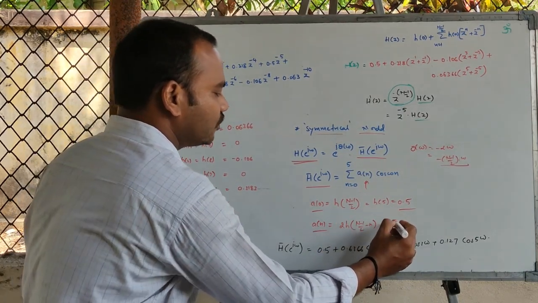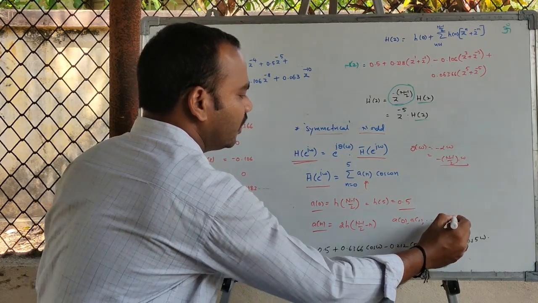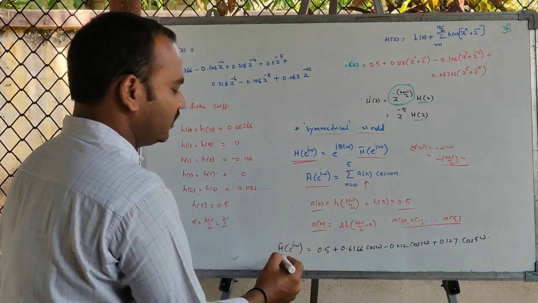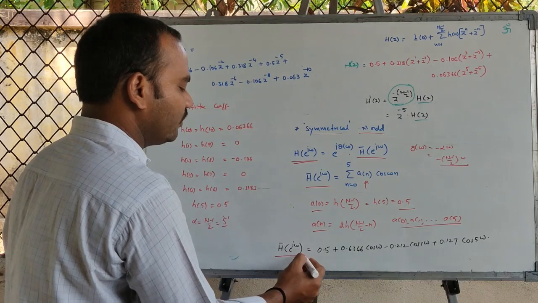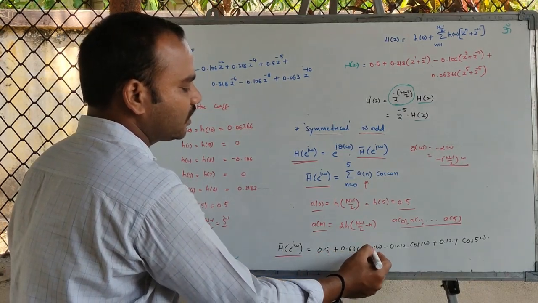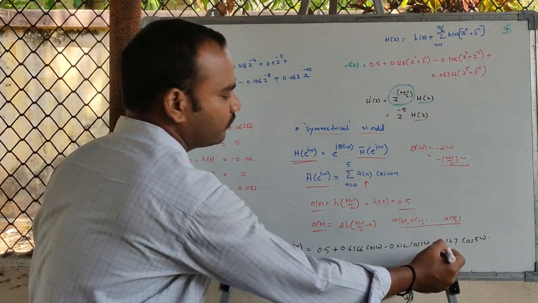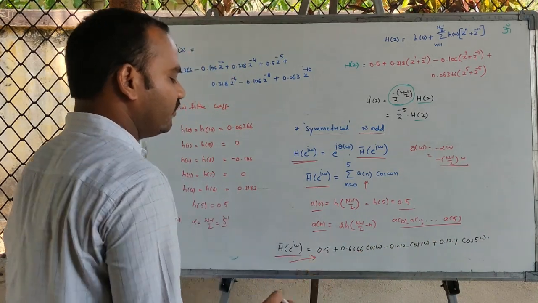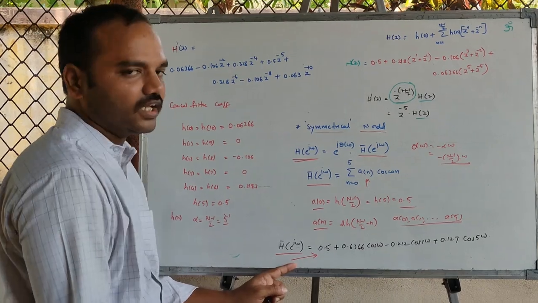If you find the values of a of 0, a of 1, so on up to a of 5, then if we write in this particular equation, the final zero phase frequency response is h bar of e power j omega is equal to 0.5 plus 0.6366 cos omega minus 0.212 cos 3 omega plus 0.127 cos 5 omega. This is the frequency response of the linear phase FIR filter.